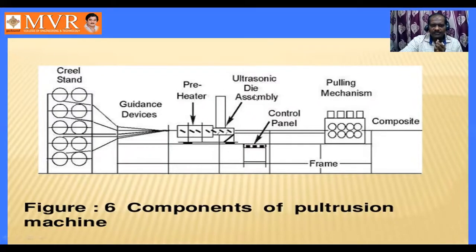Next, the ultrasonic die assembly means this is a heated die where we correct the quality of the prepared product. And here we pull the system. By pulling, it comes out of the pulling system, the dimensions are varied, and then it is cut into different parts for whichever application we need.